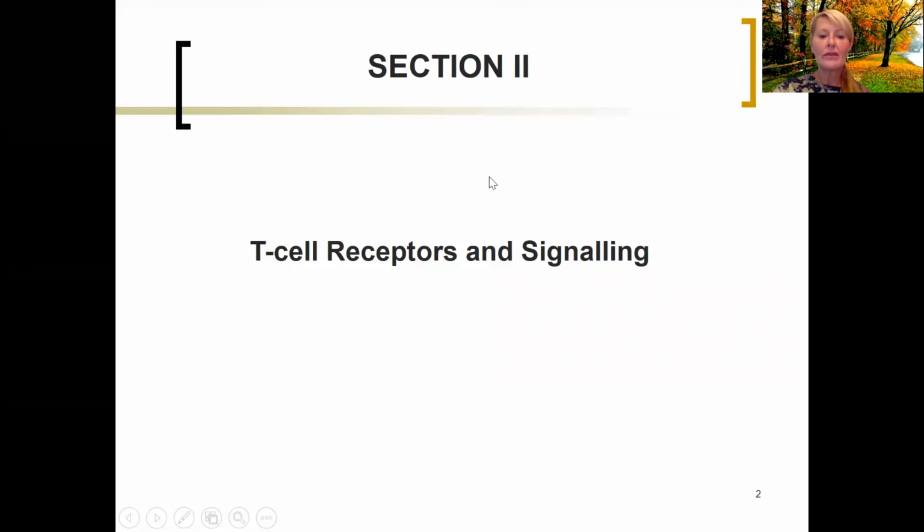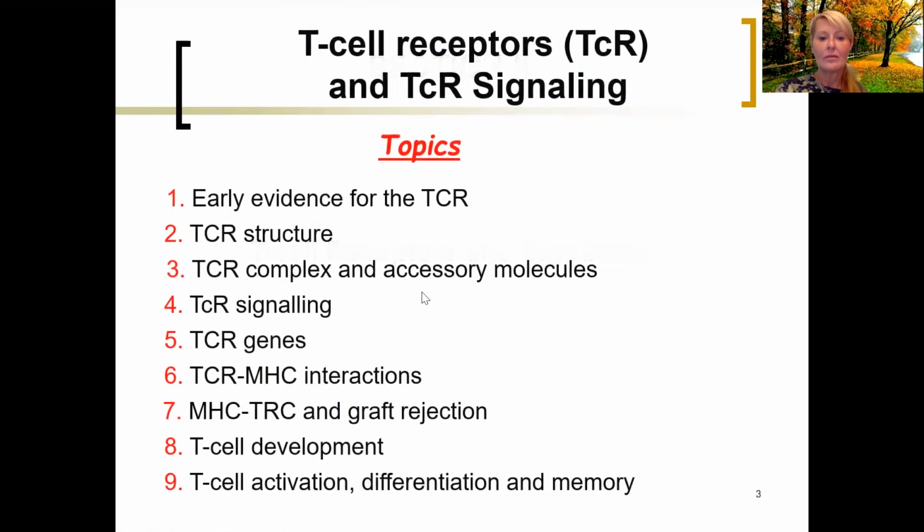Okay, so now we're moving on to the section entitled T cell receptors and signaling. There are 9 topics in this section. We're going to look at the early evidence for the T cell receptor, the structure of this receptor, the complex that it forms and the accessory molecules, how it signals, the genes, the interaction with MHC.